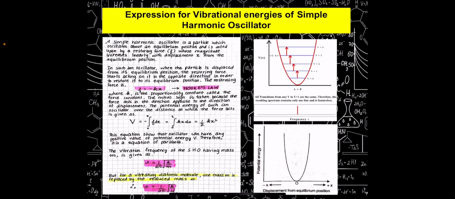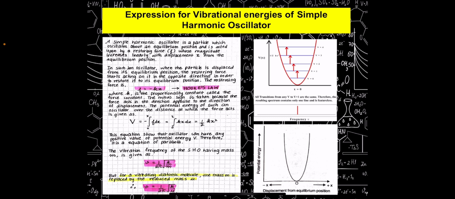Therefore, this equation is the equation of a parabola, as we can see in this figure. So when the potential energy V is plotted against the displacement from the equilibrium position, a parabola is obtained, as we can see in the lower figure.